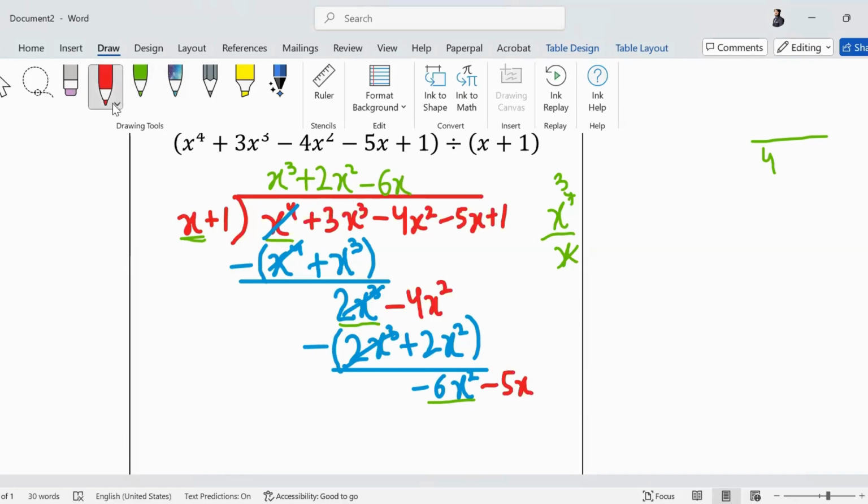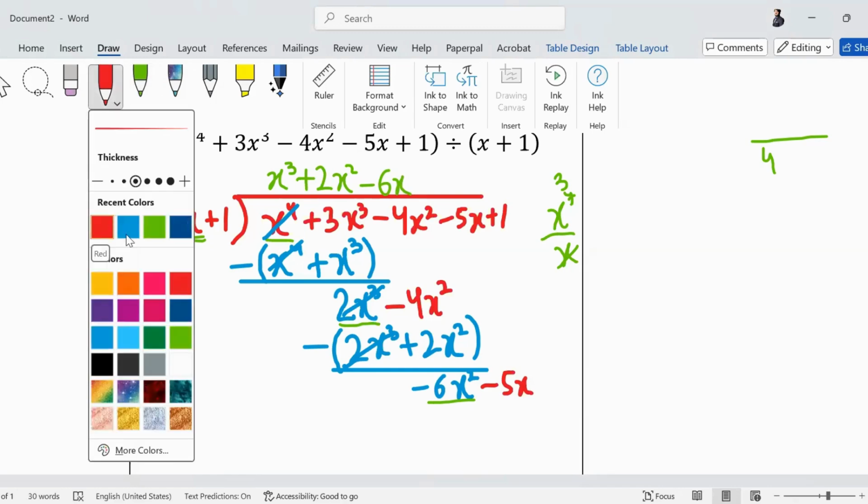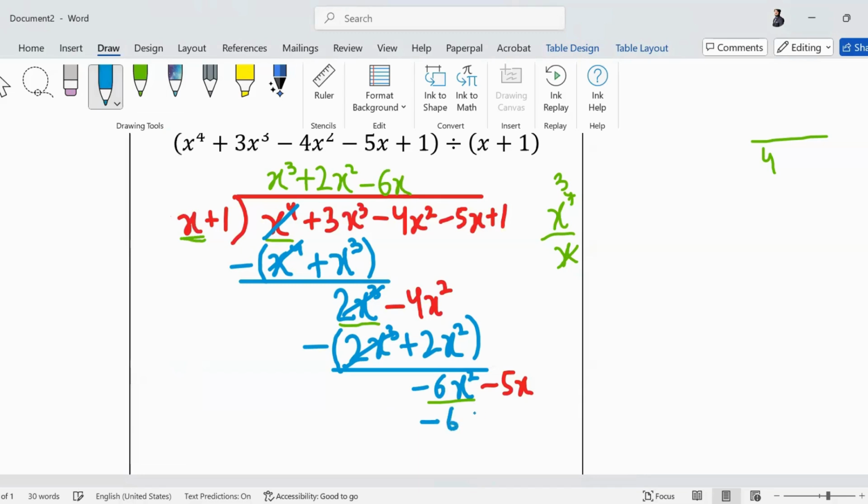And when you multiply it with minus 6x, you get minus 6x squared and minus 6x. And you subtract both of them. When you subtract, minus 6x squared gets cancelled out.